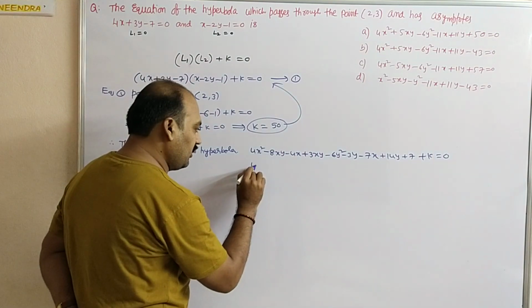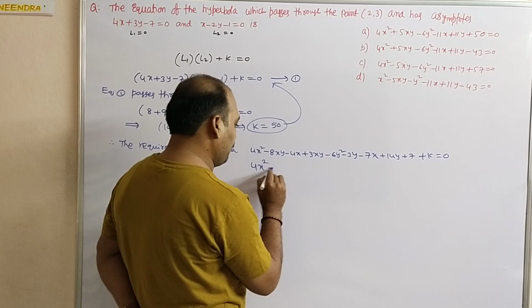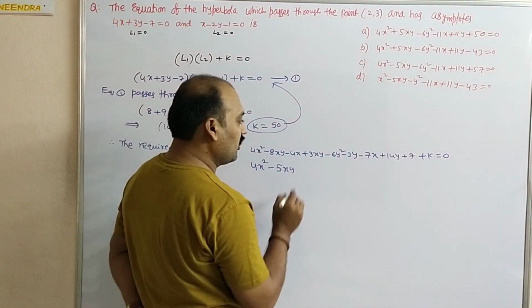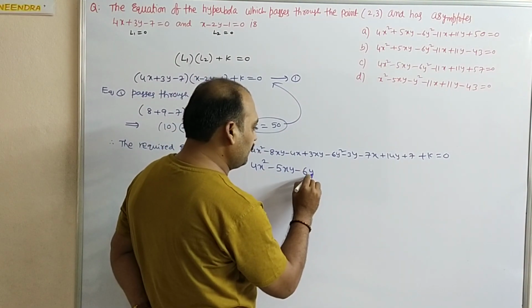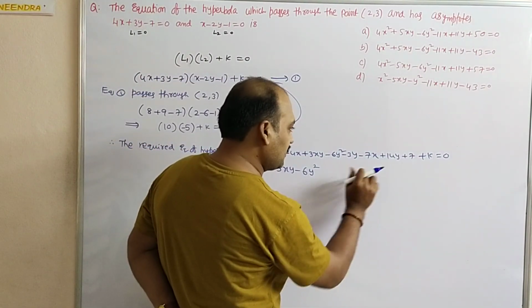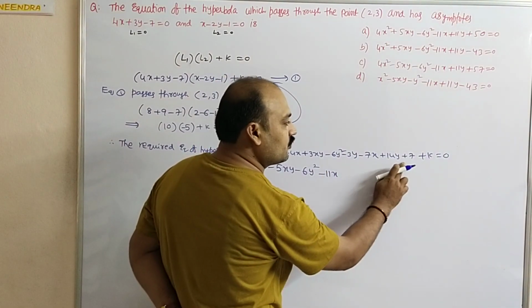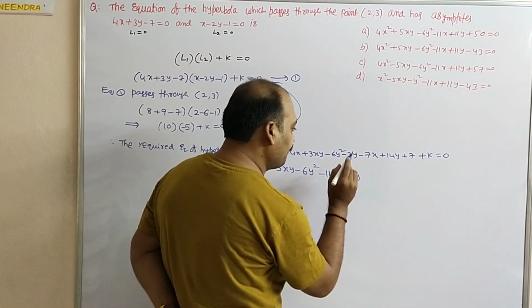Before that we can simplify: 4x square, minus 8xy plus 3xy, minus 5xy. Next y square, minus 6y square. After that minus 4x minus 7x, minus 11x. Next y terms, minus 3y plus 14y, plus 11y.